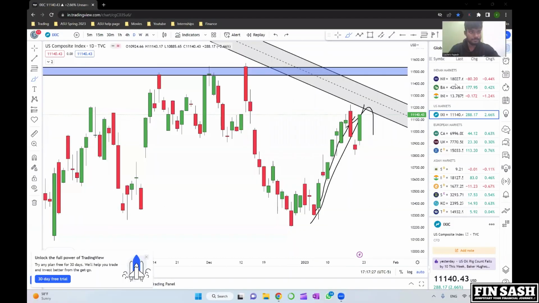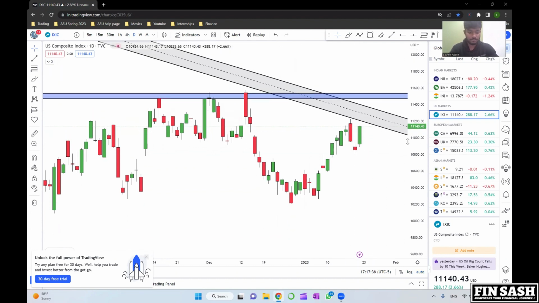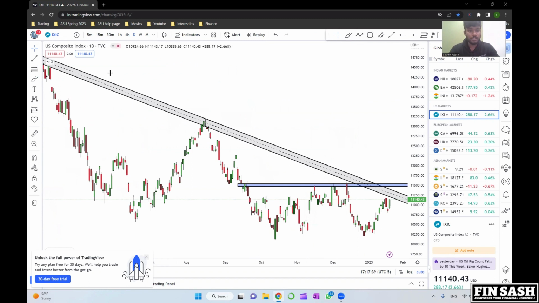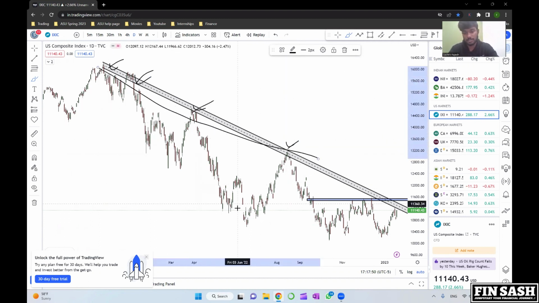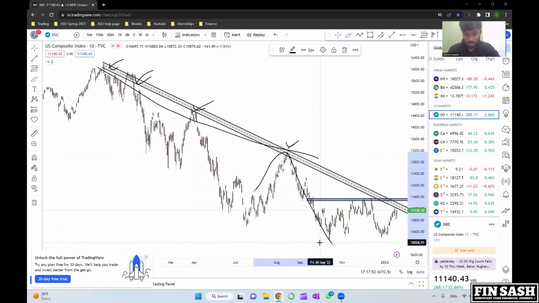Okay, so let's start with the US market, right? Yeah, so the US market, like we mentioned in the previous analysis too, has been in a downtrend for a long time, right? And it's been taking support from this trend line and pushing and making even lower lows.